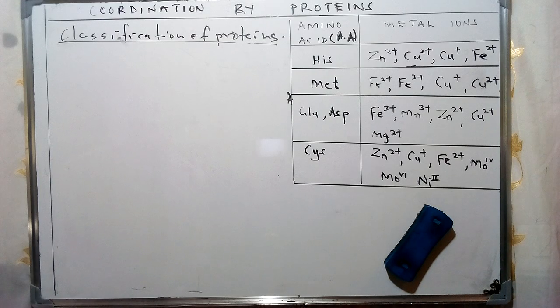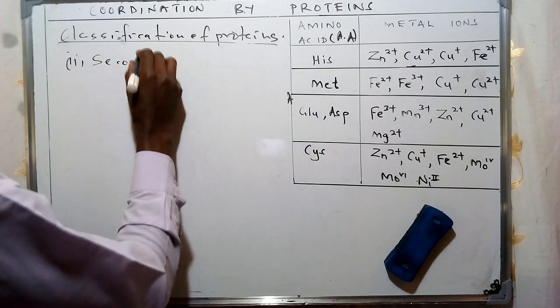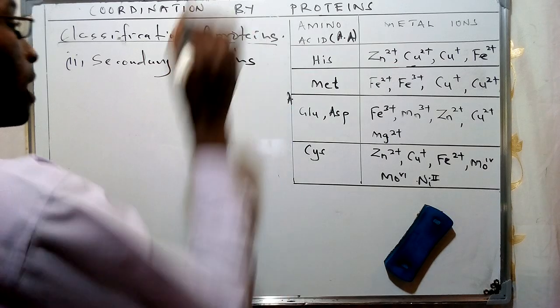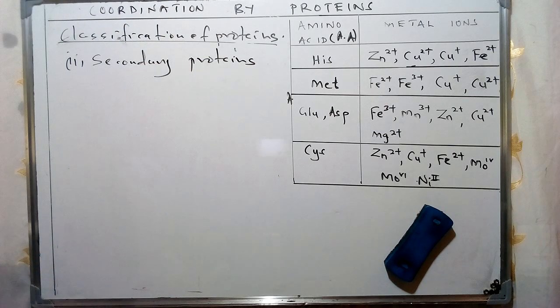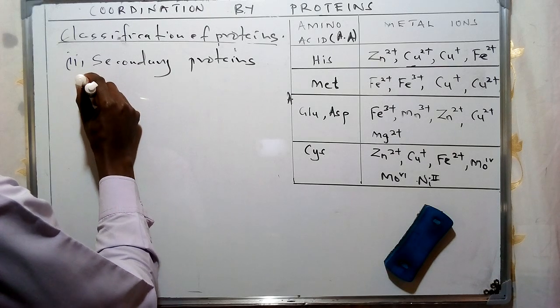So this is classification number 2, secondary proteins. In terms of shape, this is classified by the interaction between peptide chains, which can be given as a beta sheet or alpha helices, as in this illustration.